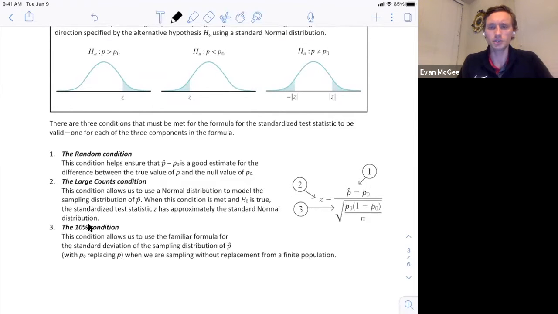The 10% condition allows us to find and trust that the standard deviation of the sampling distribution, according to the null, is true. So it's the same three conditions, but this is where they tie into the importance of a z-test. The important thing we have to remember is that we're always assuming that the null is true when we're conducting a significance test.